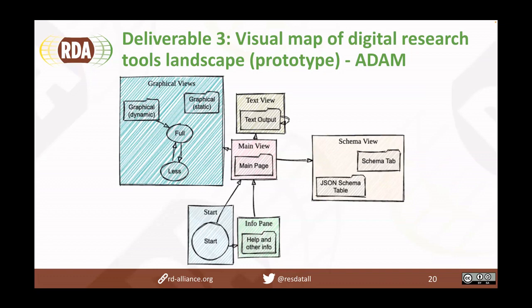We might want to see all of the tools, explode that view so we can see where different tools sit in the research data lifecycle. We might want to find out about particular aspects of a tool, the way that it works, which categories it sits in, and so on. So we'd have these different ways of interacting with that information to make it relevant and useful to different people.